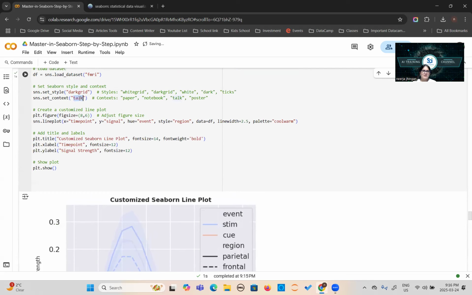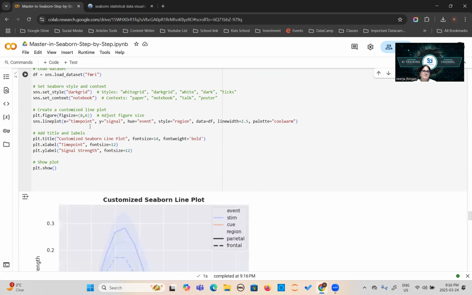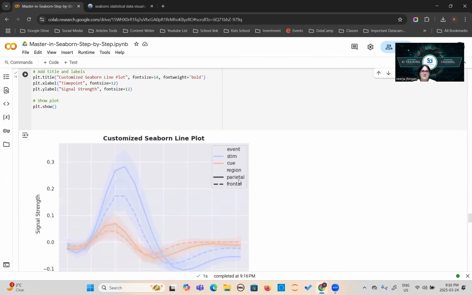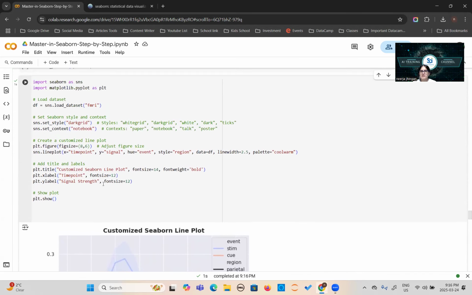If you want, we can try to change it with the notebook too, and we will run this. Okay. So you can see here it is making changes. Okay. This is simple. You can apply. This is just the stylish things. Okay. The rest of the graph is the same. Nothing I have changed.